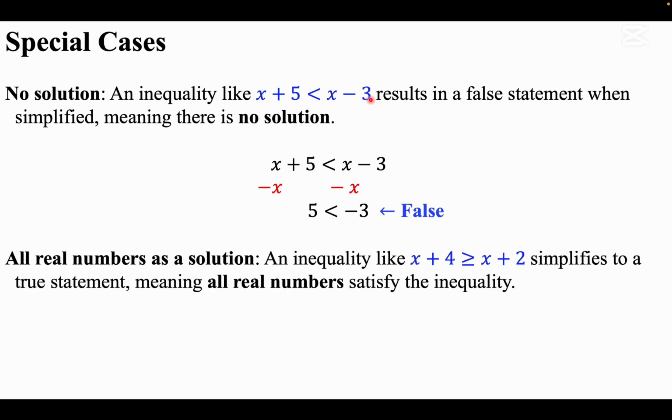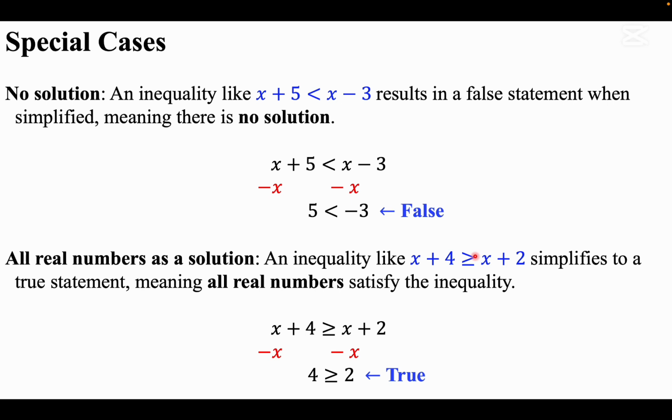And then we have what we call all real numbers as a solution. Well, if we try to solve this, you're going to come up with a true statement. So let's bring it down here, move the x's to the same side by subtracting. We get 4 is greater than or equal to 2. Well, that is true, right? 4 is bigger than 2. It does not need to be equal in this case.